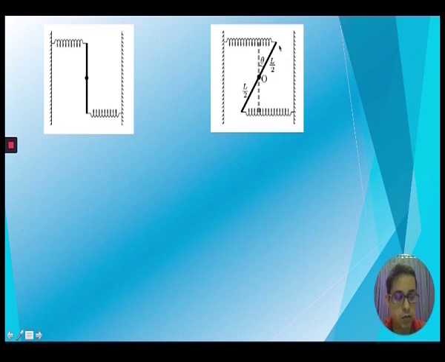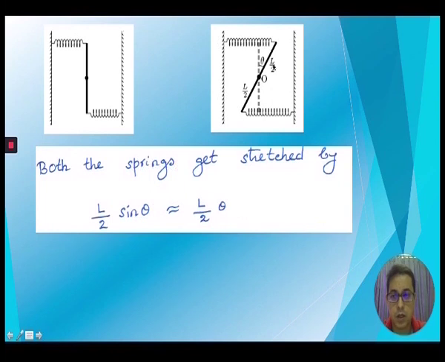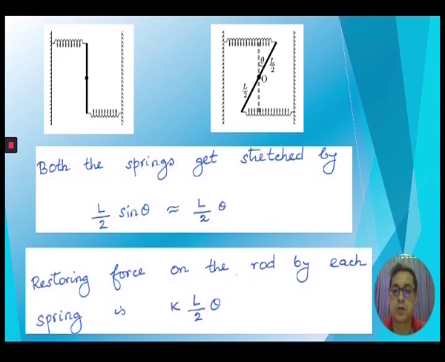The restoring force on the rod by each of the springs would be the spring constant into the stressed amount, so that would be K into L by 2 theta. Both the springs get stressed by this much, and the restoring force on the rod by each spring is K into L by 2 theta.